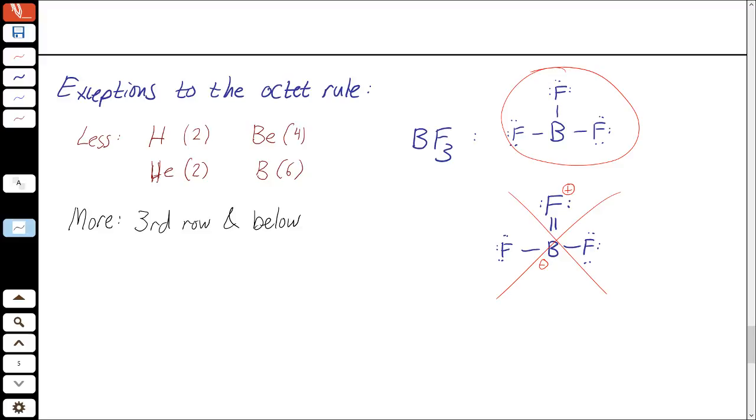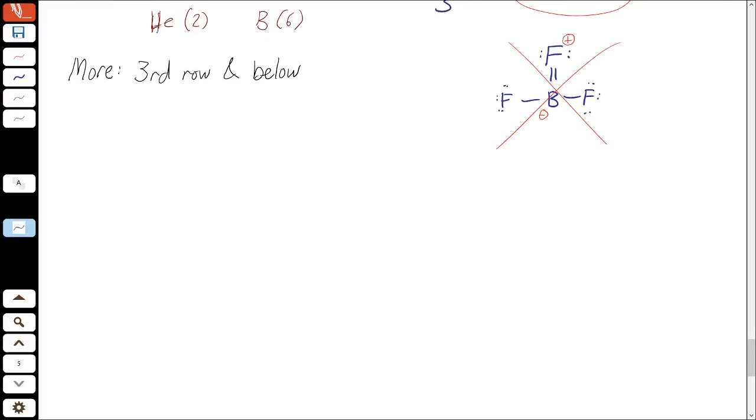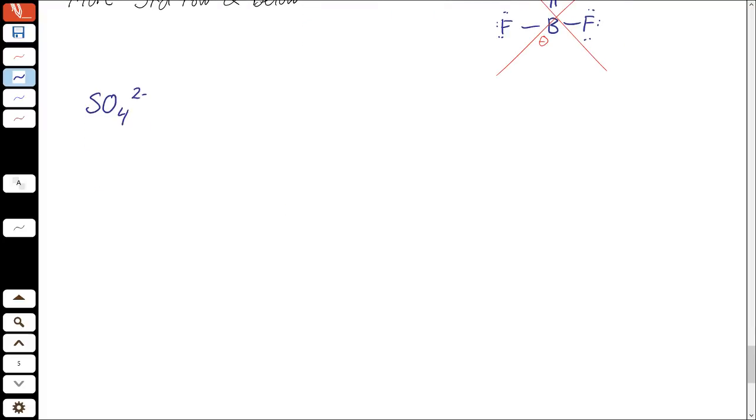So let's look at an example there. Let's look at sulfate ion. Sulfate ion is SO4 2-. And its electron count is 6 times 5 plus 2 for the 2 extra minus, which is 32.